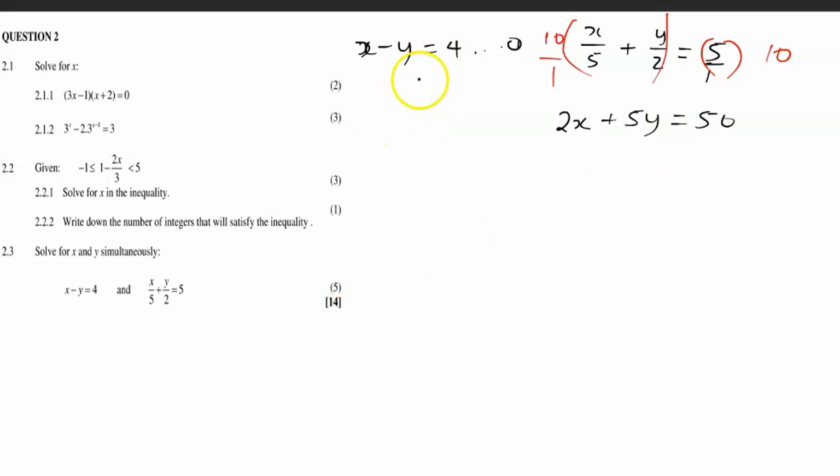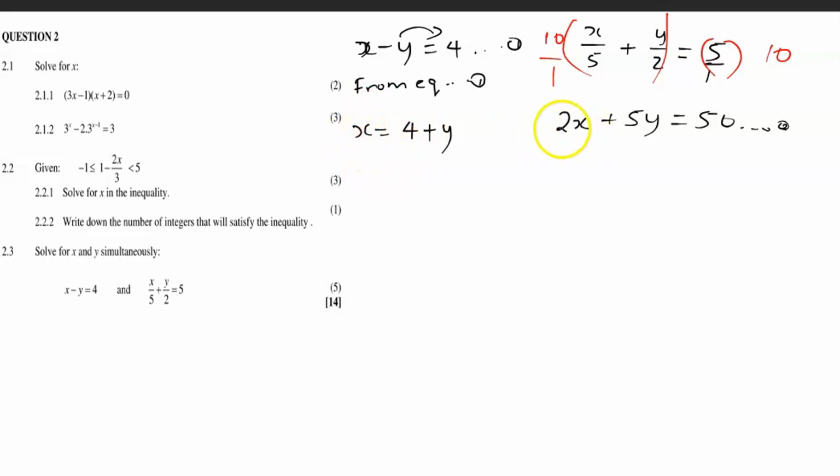And then from equation 1, I think we can actually agree that it's easy to make x the subject of the formula. Then you take that, you substitute here, and then you are done with that. So always remember to tell us everything that you do. So from equation 1, x is equal to 4 plus y. So you just transposed the y to that side, it changed the sign.